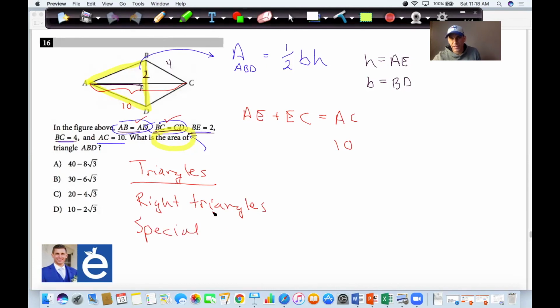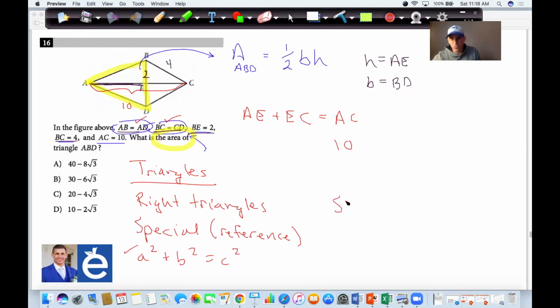So you want to pay attention to that, because if you see a square root somewhere, like radical 2 or radical 3, nine to ten times it is a special right triangle. If it is a right triangle in general, then you immediately move to your Pythagorean theorem.